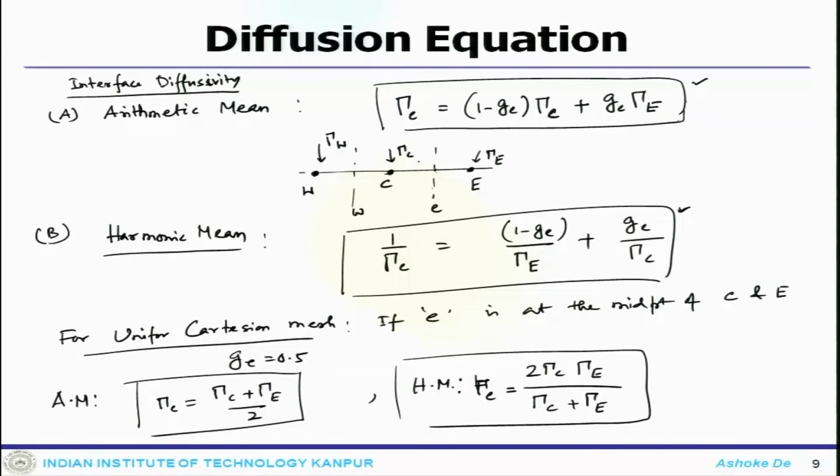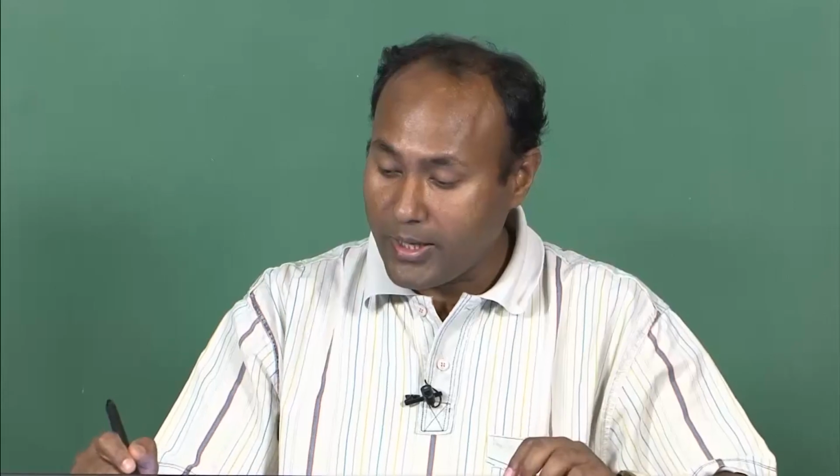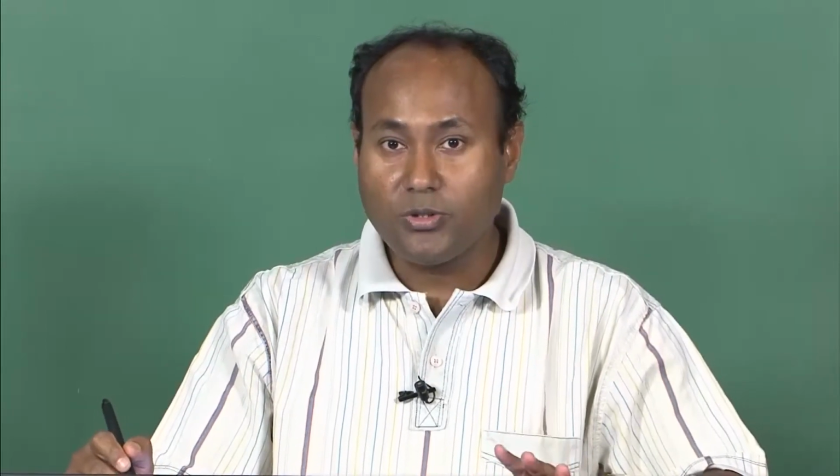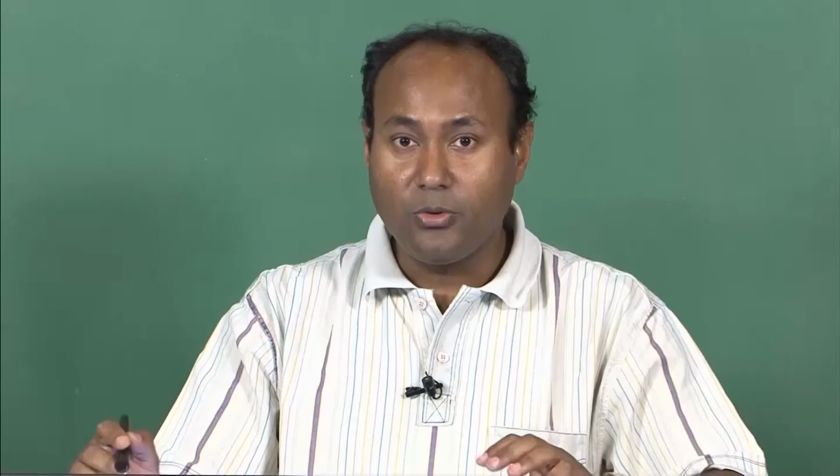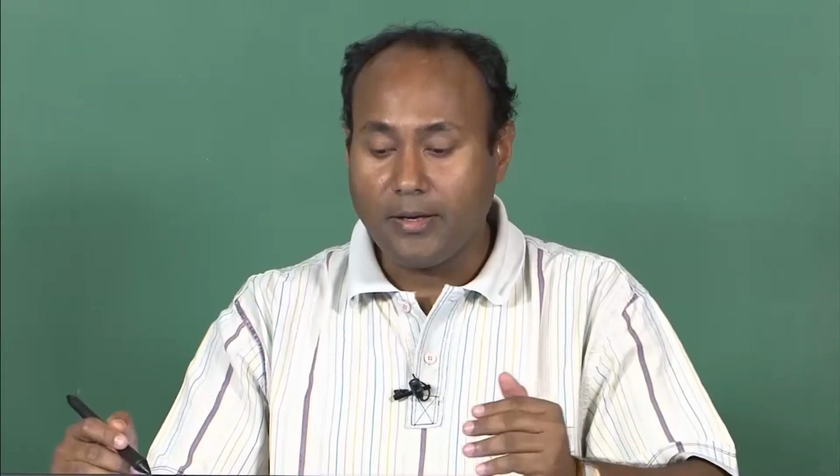That kind of situation, if you use arithmetic mean, then it can lead to some sort of an incorrect result. In those kind of situation, it is always preferred that you use the harmonic mean, which can lead to better interpolation of the surface or interface diffusivity.